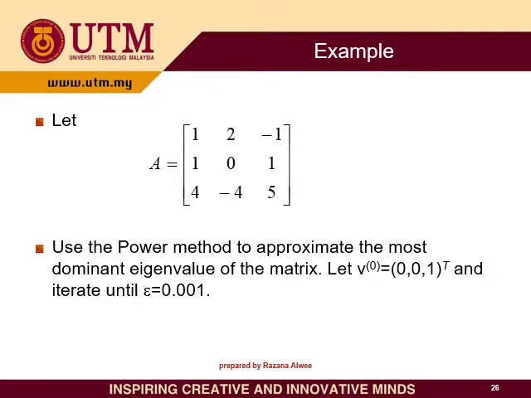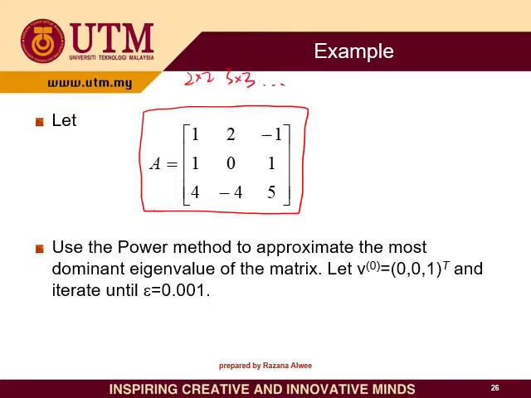Let's look at our example. Our problem should have a matrix because we want to find the eigenvalue of a matrix, so we need to have a matrix in order to start. It doesn't matter the size, whether it is 2 by 2, 3 by 3, and so on, but we need to have the matrix.